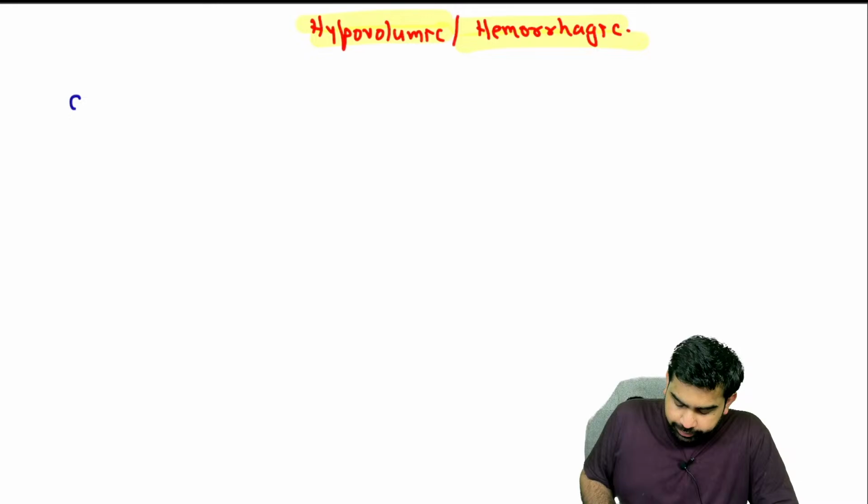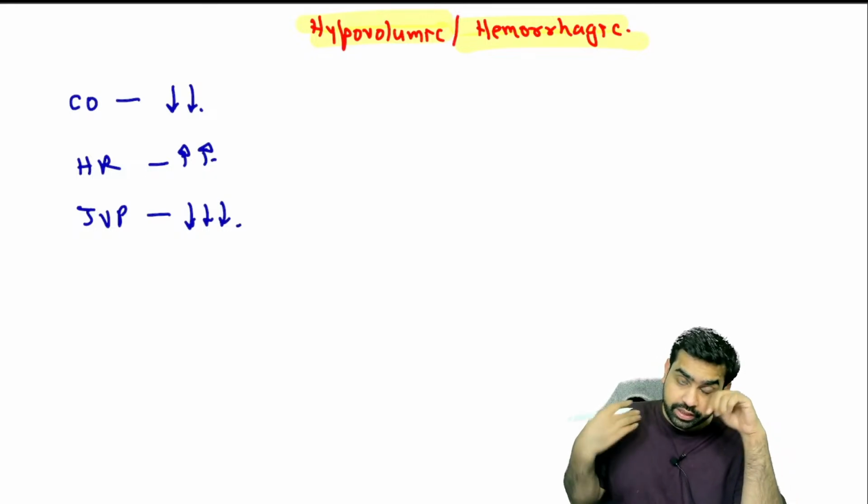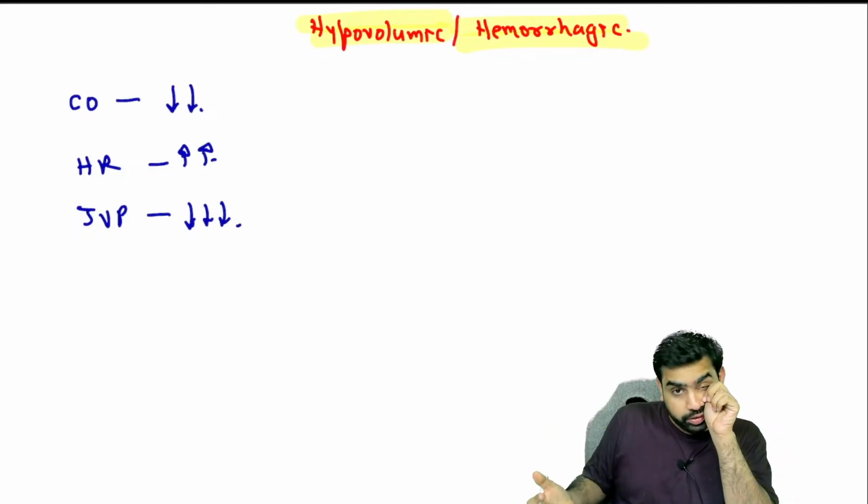The cardiac output is going to go down. The heart rate is going to go up. The JVP is going to be lower than normal because the blood is getting lost. That is what you need to understand.